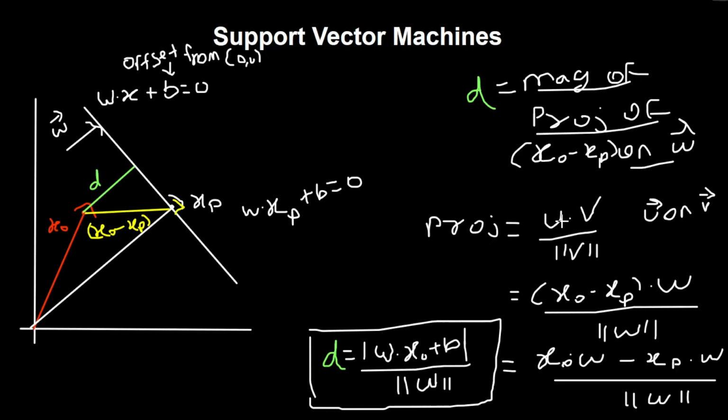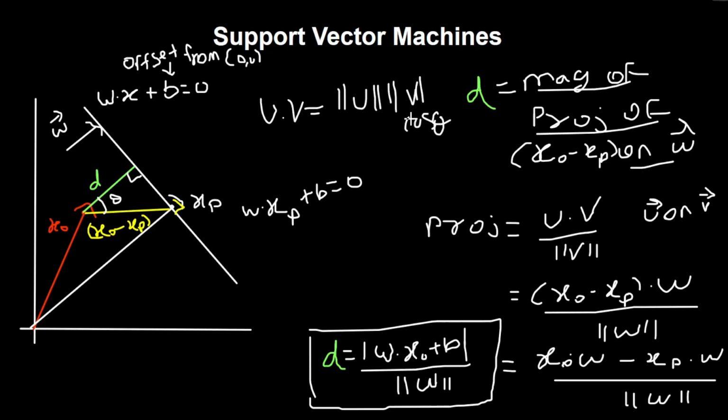Projection is nothing but u dot v by the magnitude of v, for the projection of vector u on vector v. How do we get this? We saw it already. We have the dot product formula, which is the magnitude of u and v times cos theta. In this right triangle, d is the adjacent side which we need to find. Let's say this is theta and d is the adjacent side.